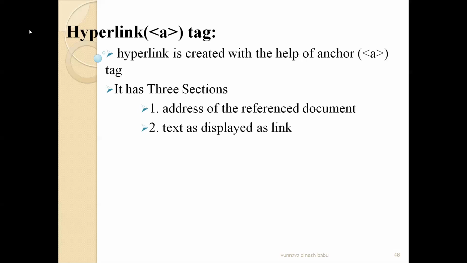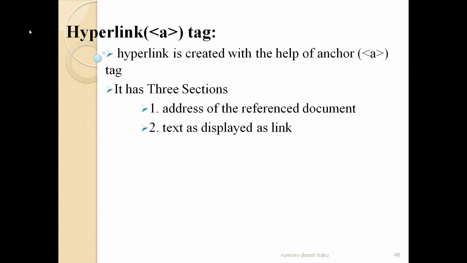Next, the second section of this anchor tag is the text displayed as the link. What text do you want to display as a link? That should be mentioned as the second section of the anchor tag. So the anchor tag is used to create a hyperlink, and in that anchor tag there are three sections.